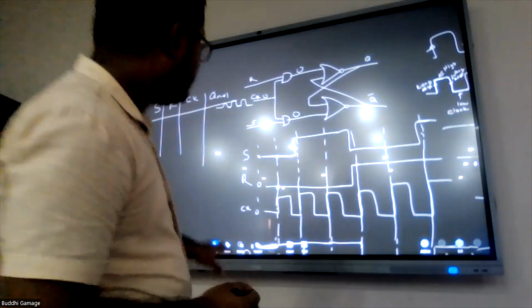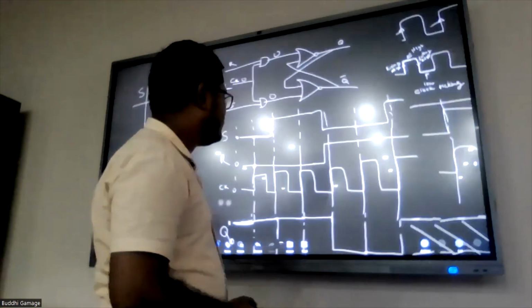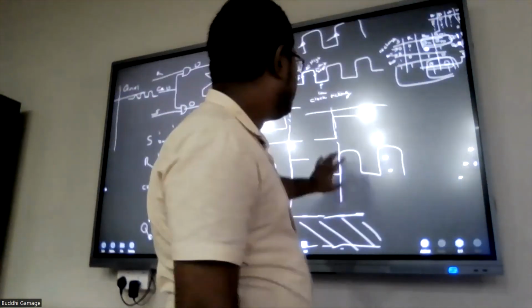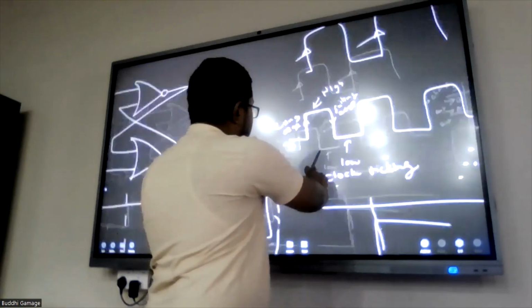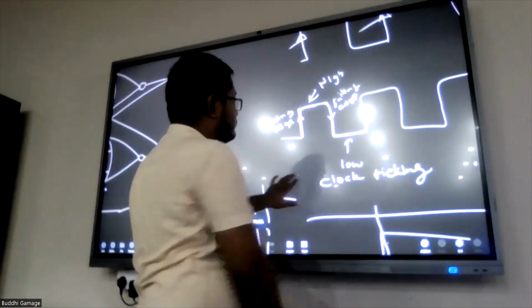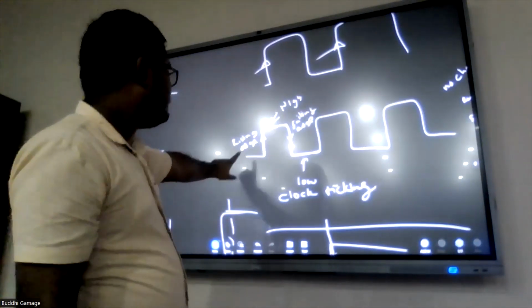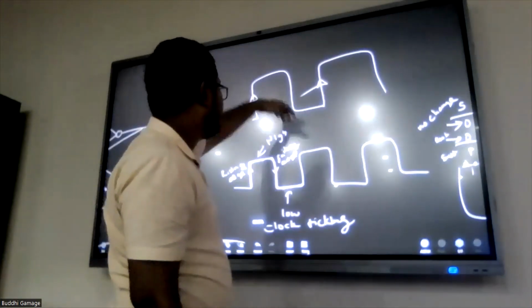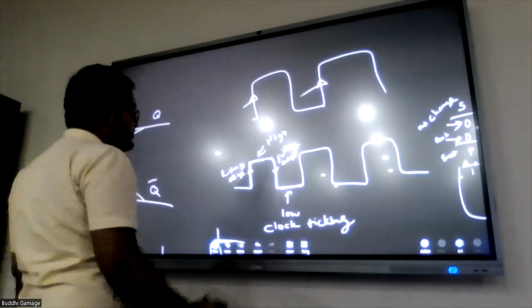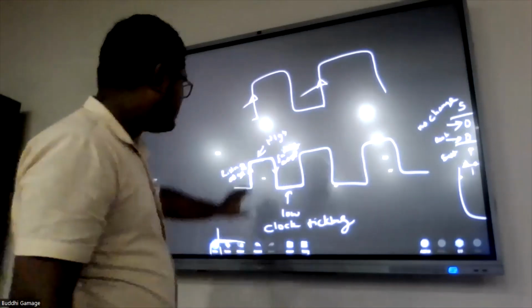So what I ask you to do is, as I mentioned, this clock ticking. Clock ticking means this cycle where the falling is happening; a clock tick will only occur where there is a rising edge.